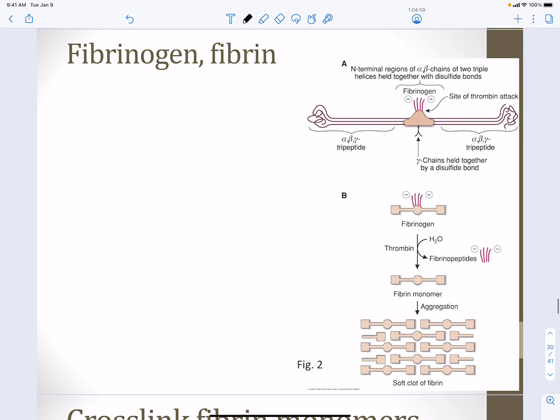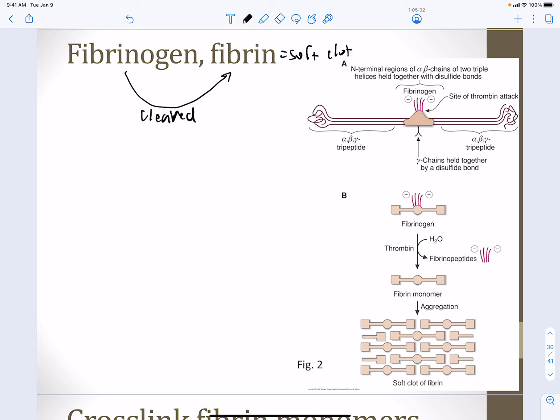So then you have to get your fibrin made. Fibrinogen is going to be cleaved to fibrin and form a soft clot. Fibrinogen is both circulating in the blood and also released in your platelet granules.